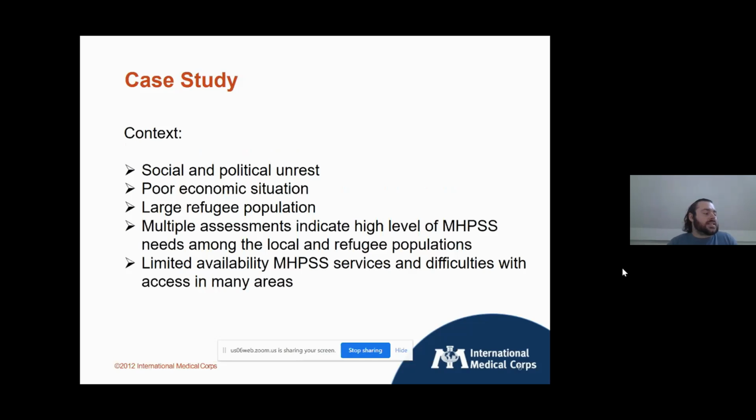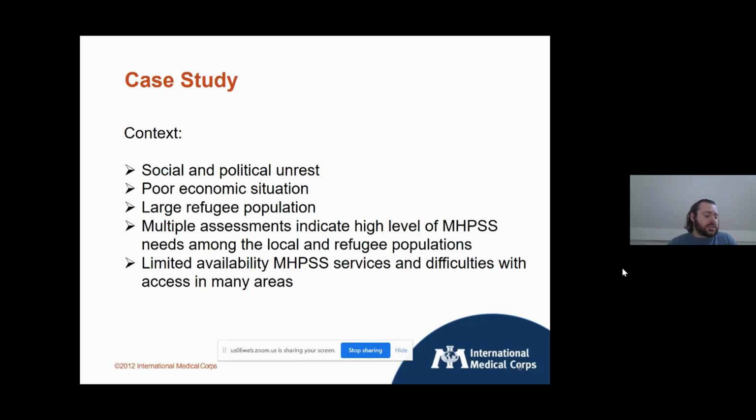Okay, so the context in Lebanon. Lebanon, as many of you may know, has been going through and experiencing quite a lot of adversity and difficulties over previous years. And there has been quite a large humanitarian response within the country as well. The issues are multifaceted, affecting both Lebanese communities internally and also the large refugee population that lives in Lebanon, primarily due to the conflict in Syria, but also the conflict in other countries within the Middle East region also.